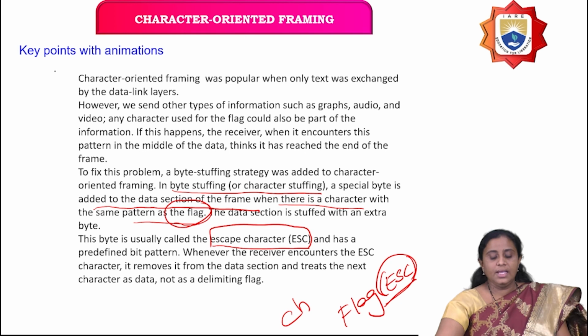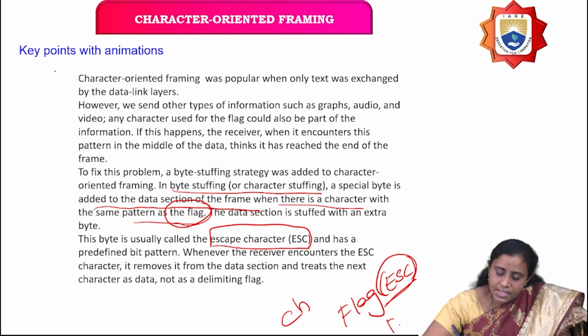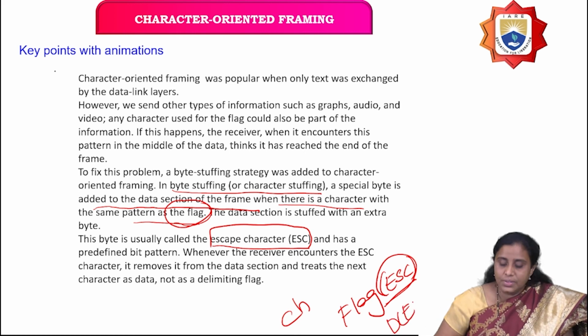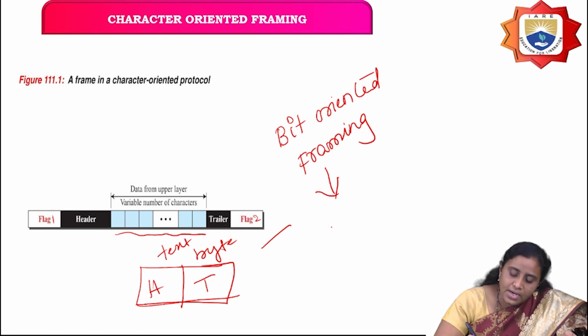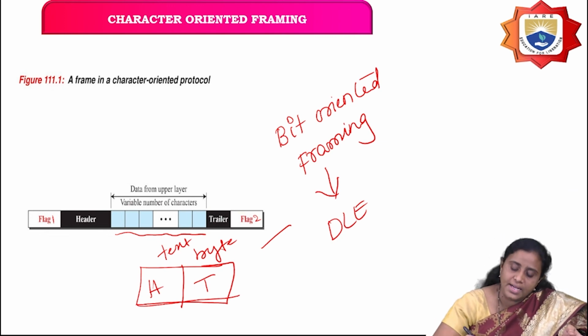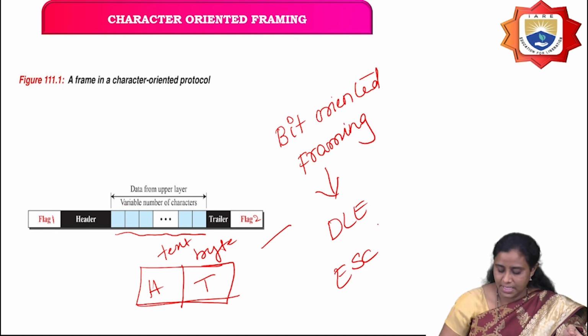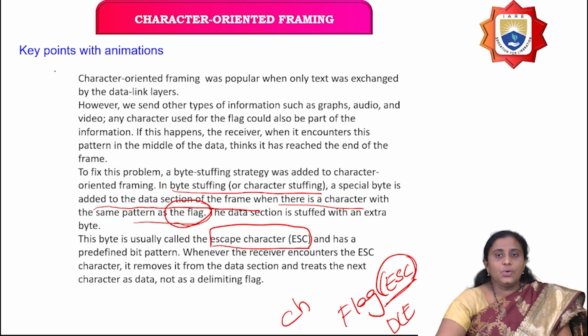This bit is usually called a DLE. In bit oriented framing, the escape byte we call a DLE, whereas in character oriented framing we call it an escape character. In bit oriented framing, the DLE also has a predefined bit pattern that we have to identify.